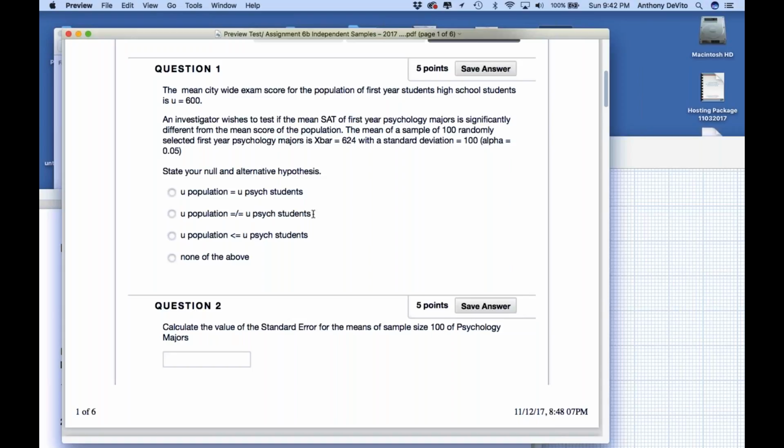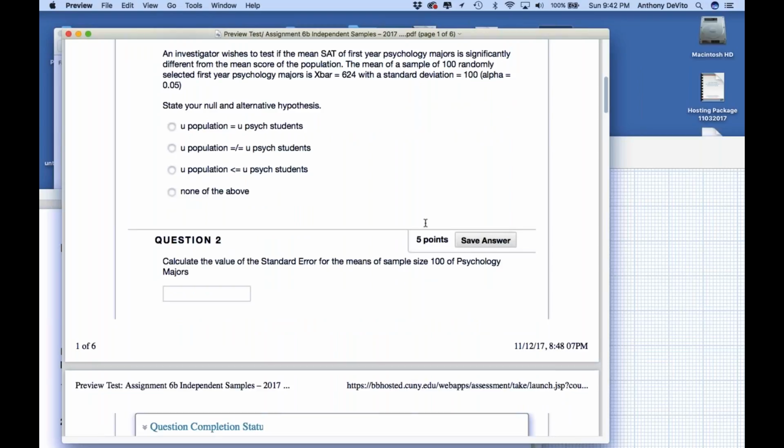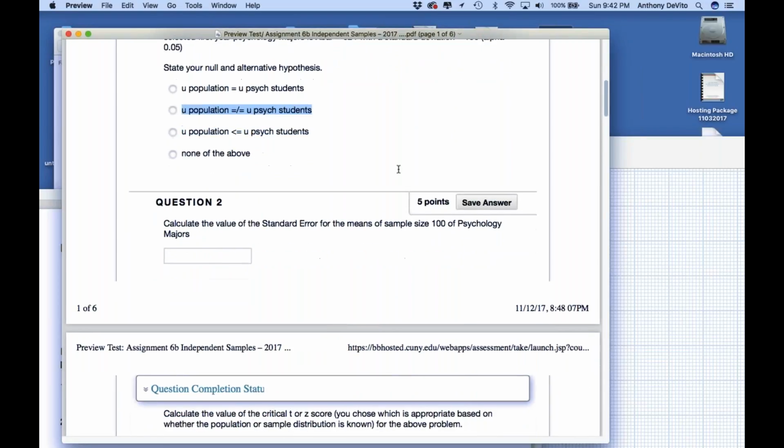Well, our alternative hypothesis is that the two means are different, that they're not equal. Actually, I'm seeing this has radio buttons on it. It should have little boxes so you could check them both, but I think either one will be okay. So our alternative hypothesis would be that the two means are not equal to one another.